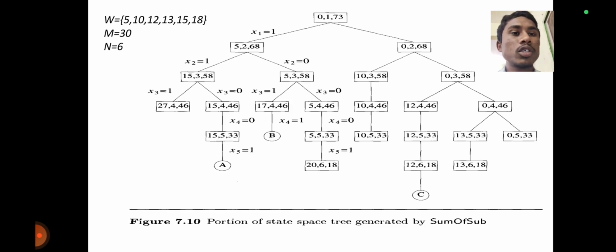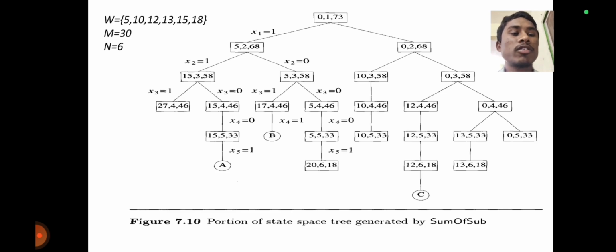Then x3 has two conditions: included and not included. If x3 is included, it means 12 is added. If x3 is not included, then x4 is included, and in such a way we construct the state space tree.